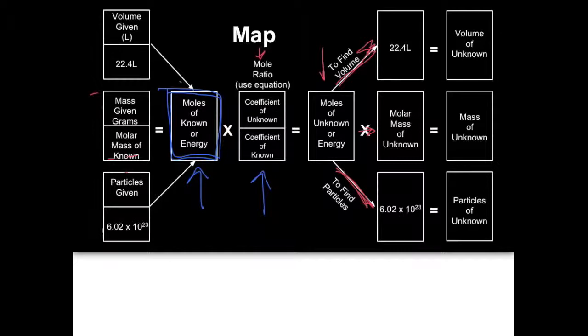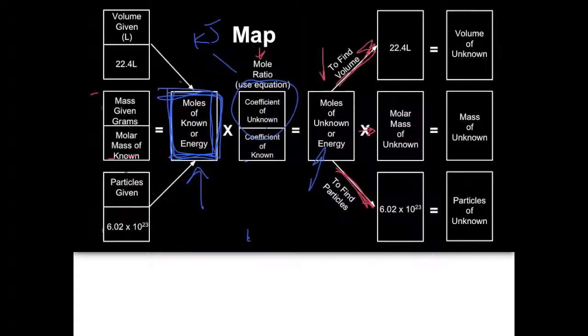So if you're starting with energy here, then your known coefficient is the number of kilojoules that's in the equation. If you're given moles and you're trying to find energy over here, then the coefficient that's on the top is going to be the number of kilojoules from the equation.